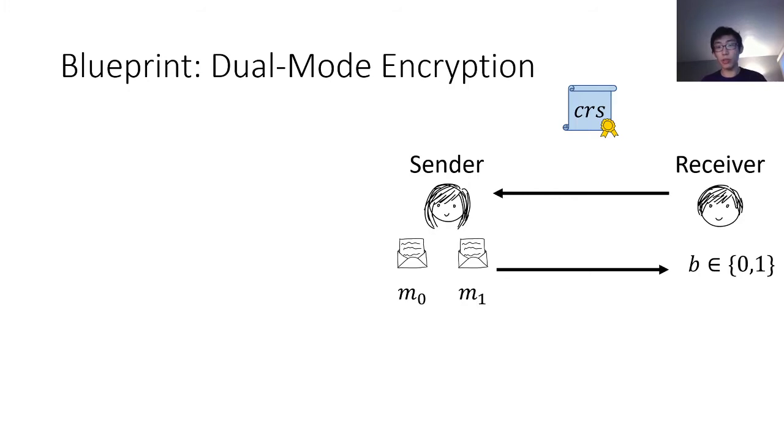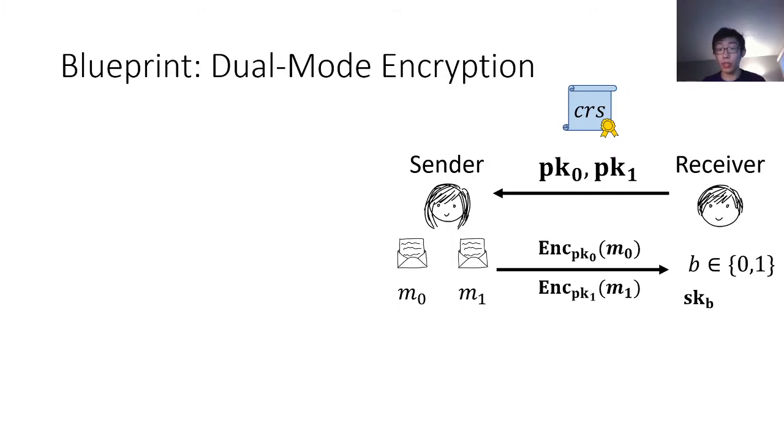The main idea is to have the receiver generate two public keys and send them to the sender, while only knowing one associated secret key. After that, the sender can encrypt both of her messages under each of the respective keys, and using the single secret key that he knows, the receiver can derive the message.